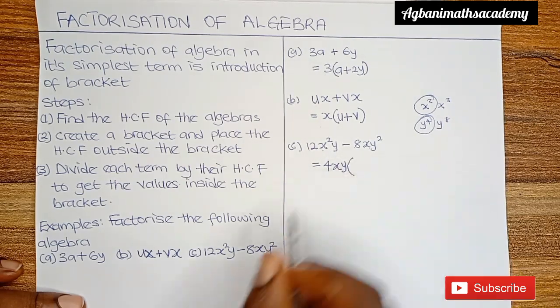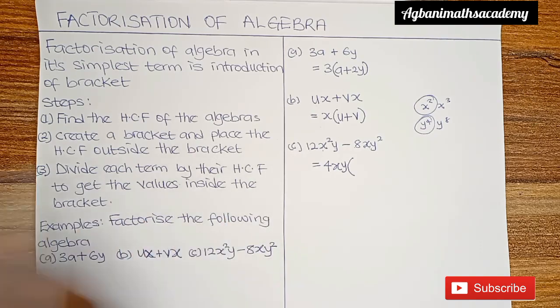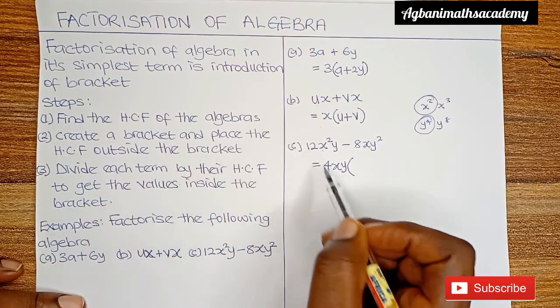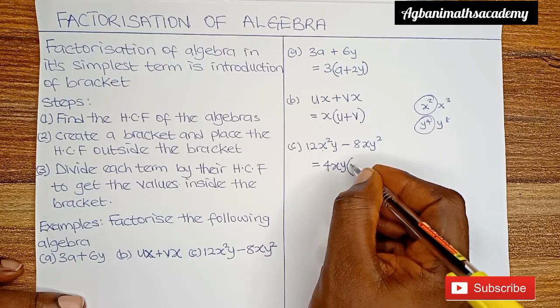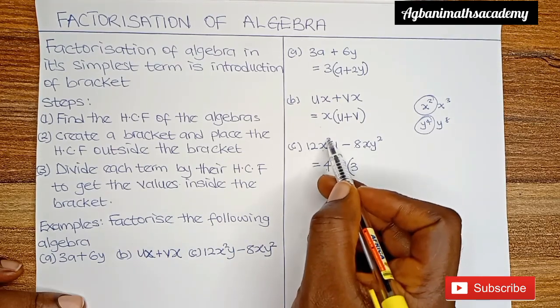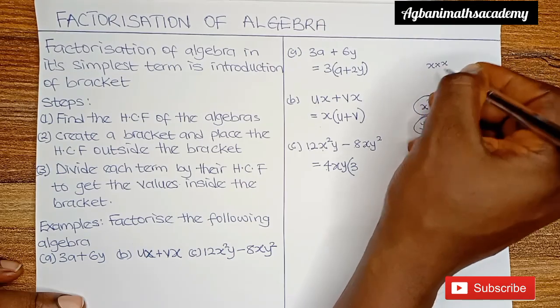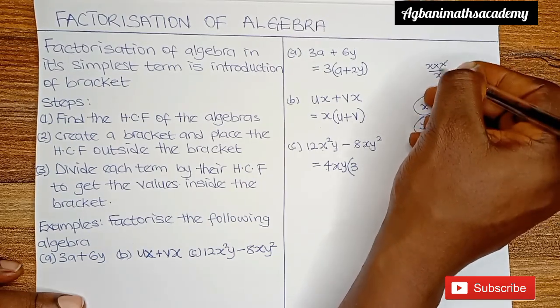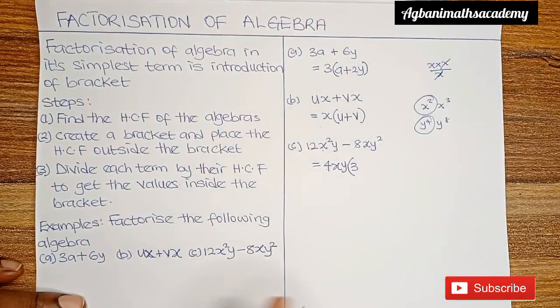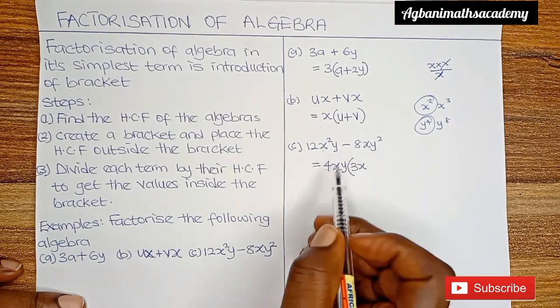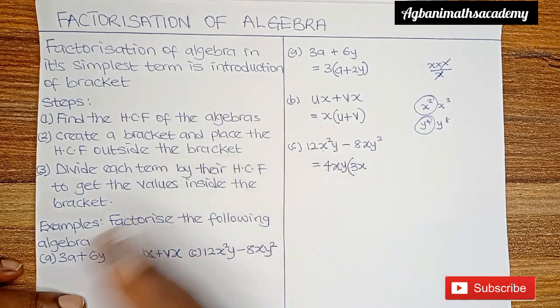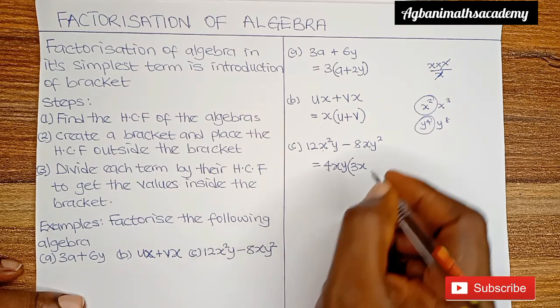So open the bracket. Remember, the HCF is always outside the bracket. 12 divided by 4 is going to give us 3. x squared divided by x. Remember, x squared is x multiplied by x. When you divide it by x, one x will cancel out one x. So we are going to have x, and then y divided by y is going to cancel out.